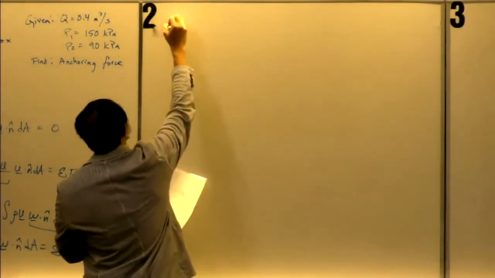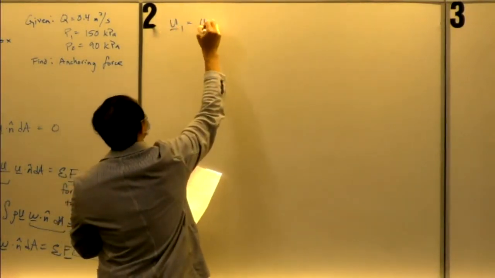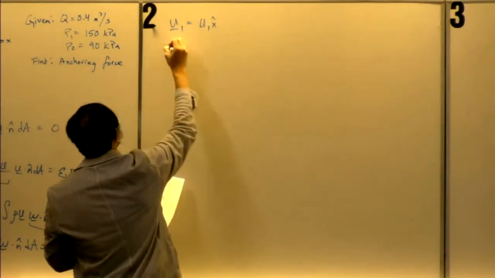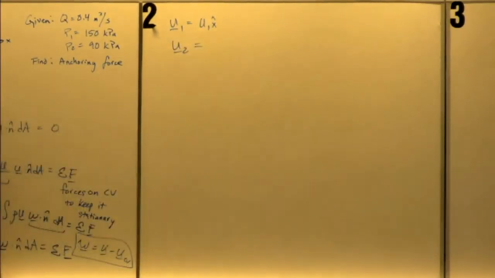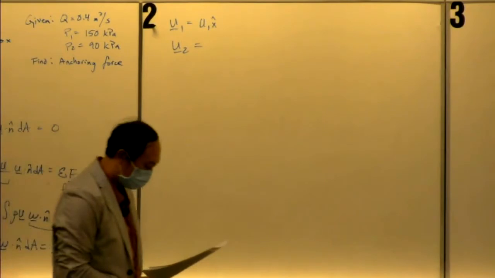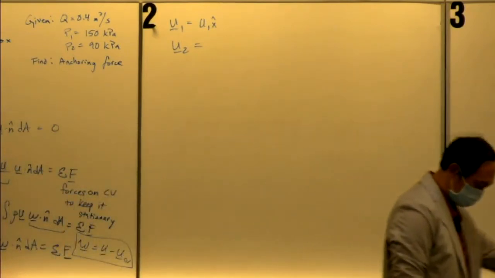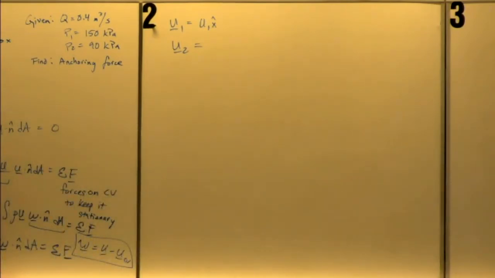All right. U1 x hat, right? Now, I want you to see if you can figure out what U2 is in terms of theta. And then you can figure out what n is, and then you'll be able to figure out the whole thing.